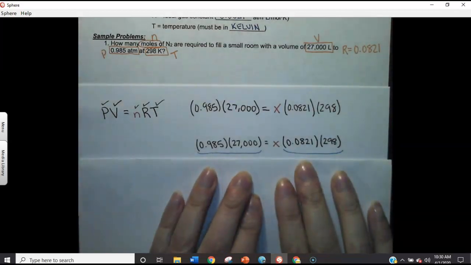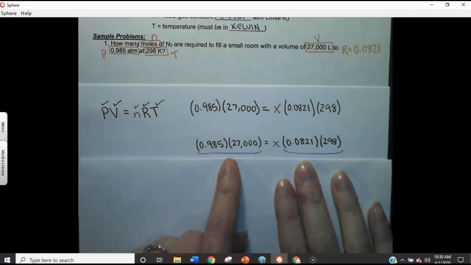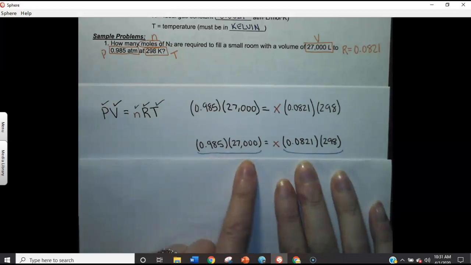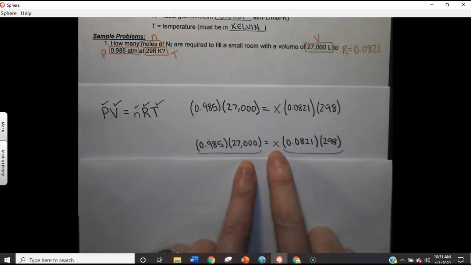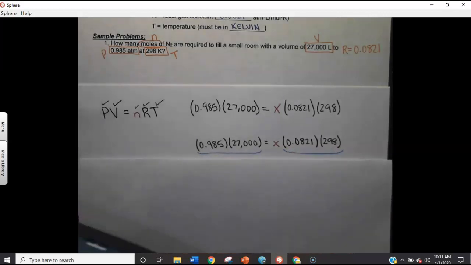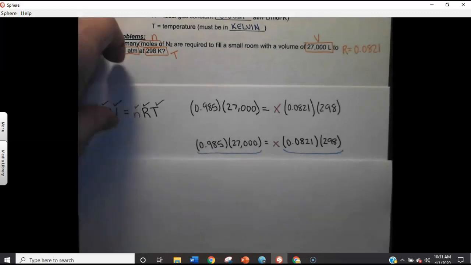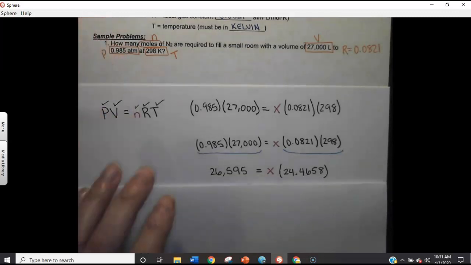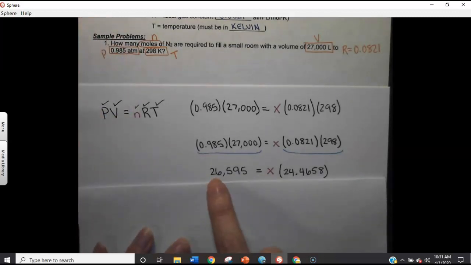The first thing we want to do in algebra is combine like terms. So on the left-hand side of the equation, I have 2 numbers. They're like terms, and I can multiply them. On the right-hand side of the equation, x as a variable is not a like term, but I can multiply these 2 numbers. Okay? So plugging those into your calculator, you're going to end up with 26,595.